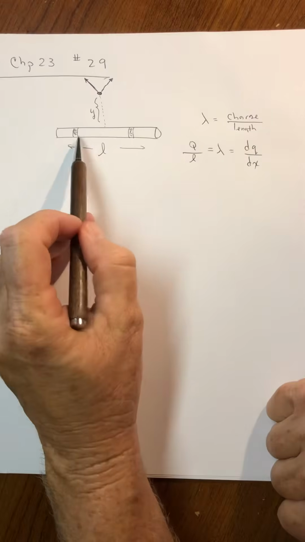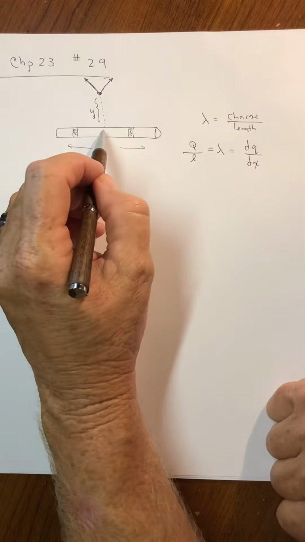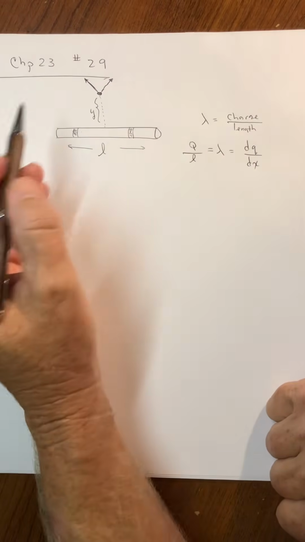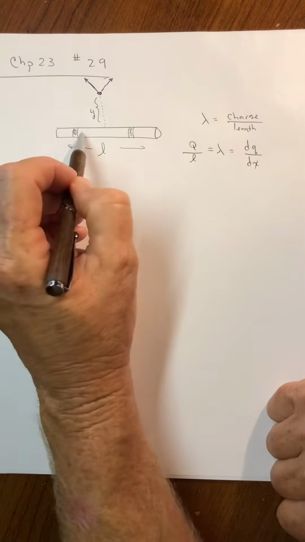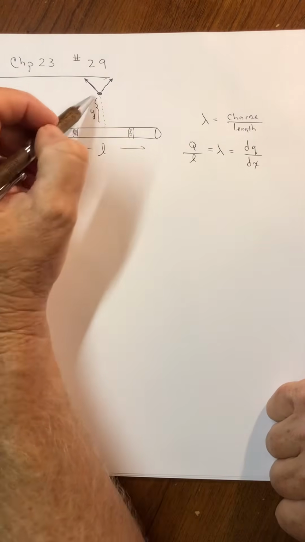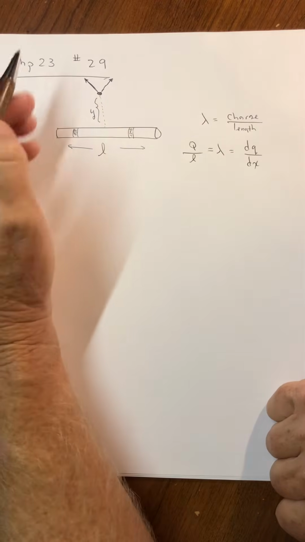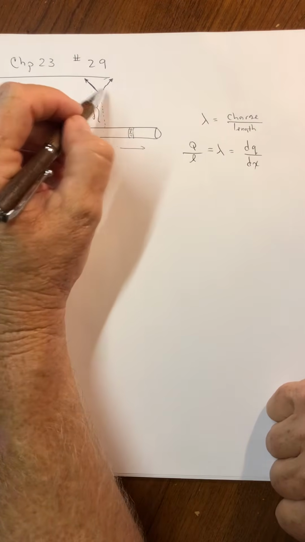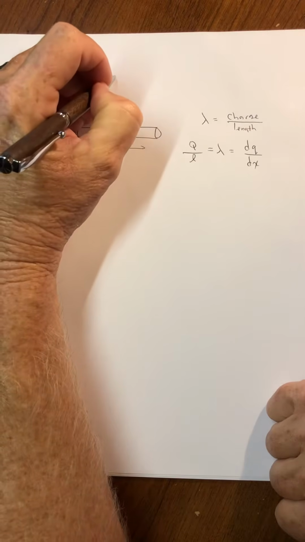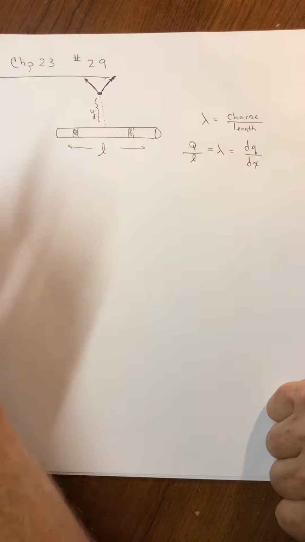And so if these little pieces are the same size and they're symmetric, meaning they're the same distance away, that means they have the same charge and they're the same distance away from that point. So both of them will make the same electric field. They will be at the same angle. Maybe I'll make this a little longer so it looks like it's the same length.